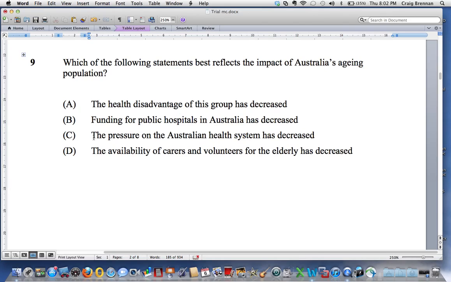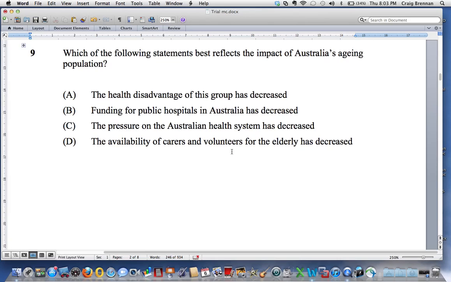The availability of carers and volunteers for the elderly has decreased. Well, for me, that comes back to that's a syllabus dot point. The impact of Australia's ageing population is that because we've got more people older or living for longer now, we're not going to have enough people to be looking after them. That's the biggest concern for me. That one best reflects the impact. So D is number 9.